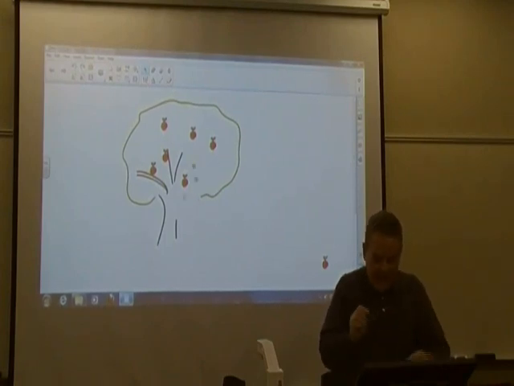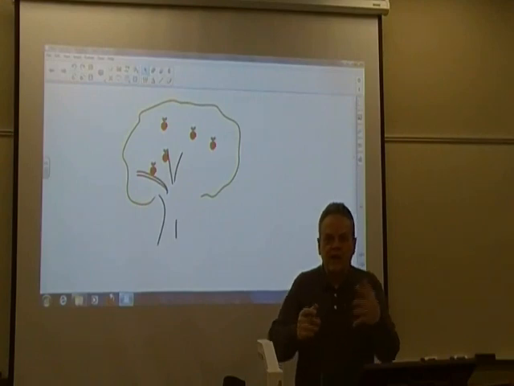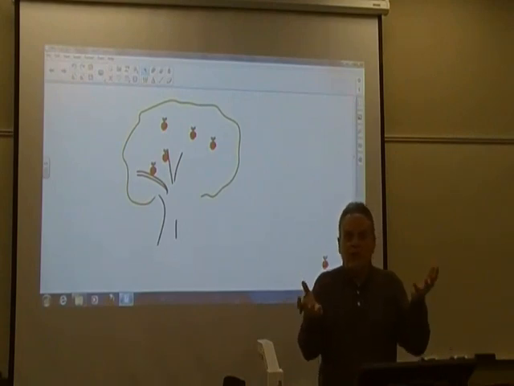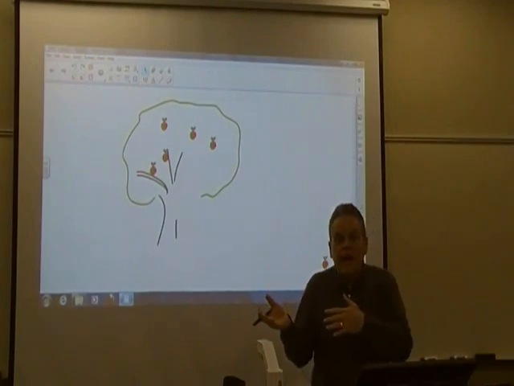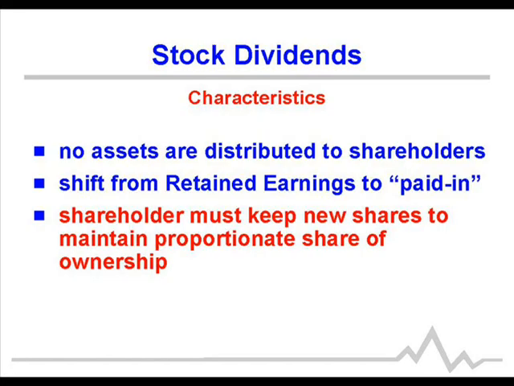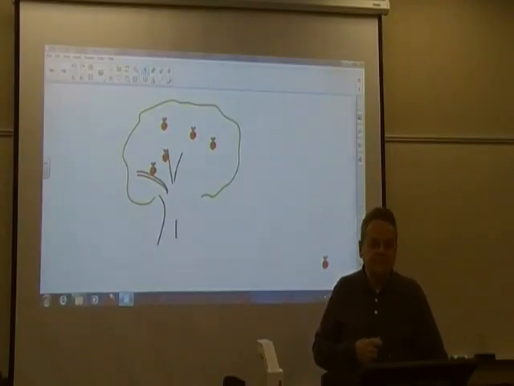I won't be able to get those dividends next year because I cut off that branch. I sold those shares of stock, and I won't be getting the cash dividend from that in the future. Well, that's something to consider: are we better off or worse off with a stock dividend? It could turn into something bad if we decided to get rid of those shares of stock. We need to keep those shares of stock to maintain the same proportion of ownership and therefore get the equivalent dividend that we would expect in the future.